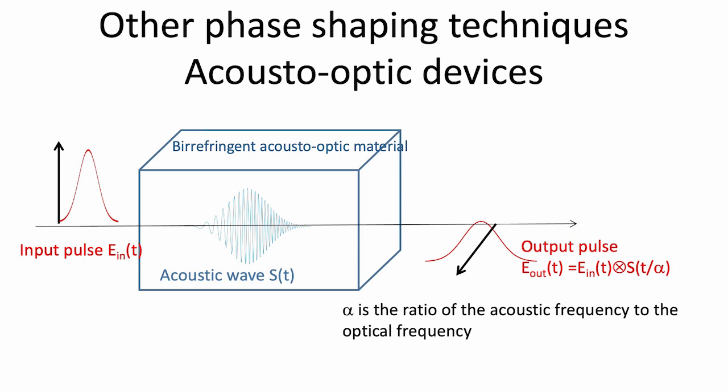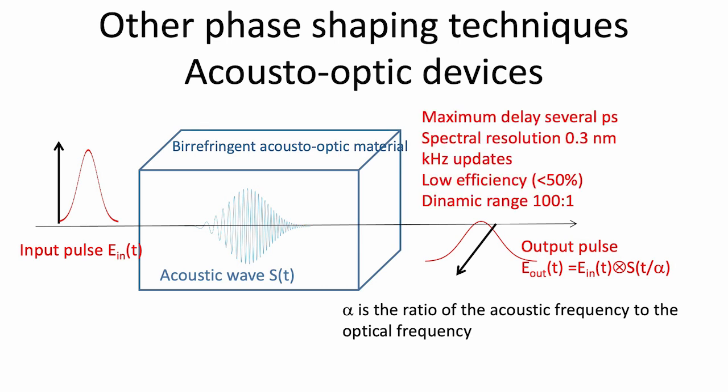You couple nonlinearly, with this birefringent filter, the acoustic wave with the input pulse, and at the orthogonal polarization you get a pulse that is a convolution of the input pulse with the acoustic wave, but scaled in time by the difference in speed between the two.